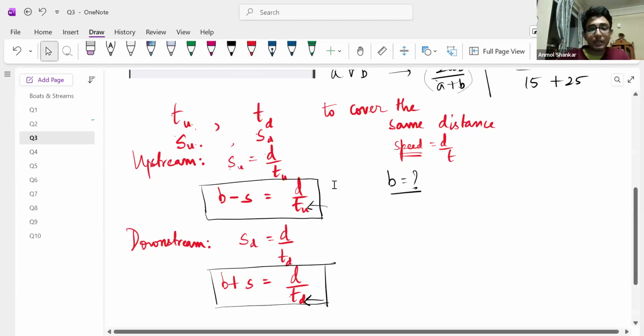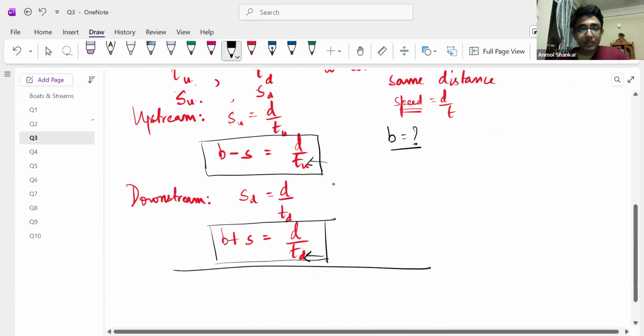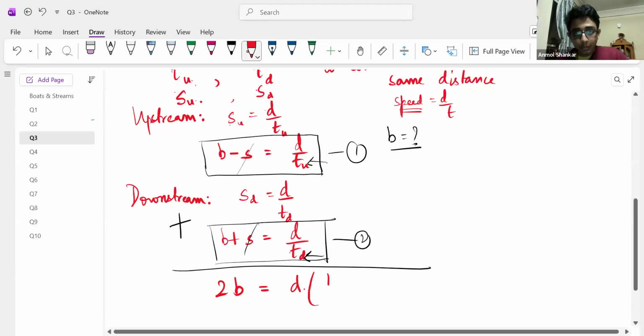So we'll add both the equations up. Yeah. So add பண்ணா adding this 1 and 2. Yeah. Then S will get cancelled. And what will we get finally? 2b. Yeah, b plus b வந்து 2b is equal to distance into 1 plus tu by 1 plus td.